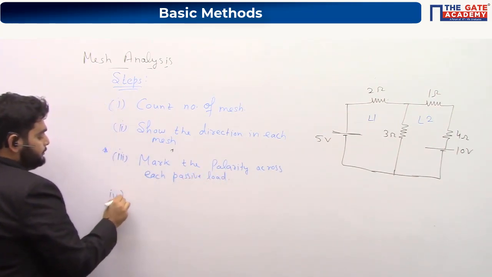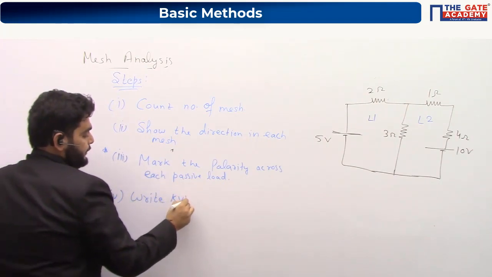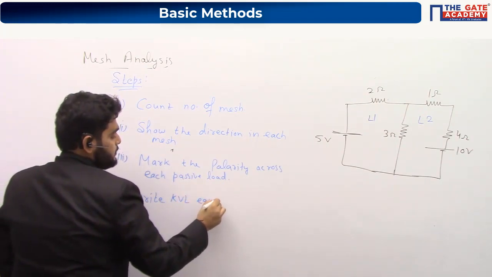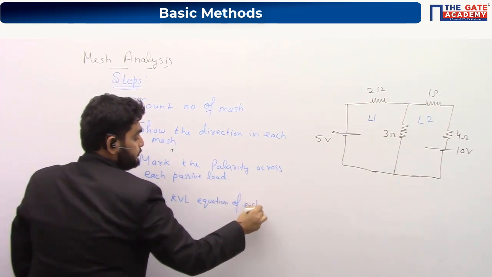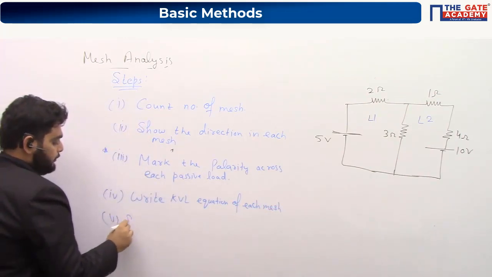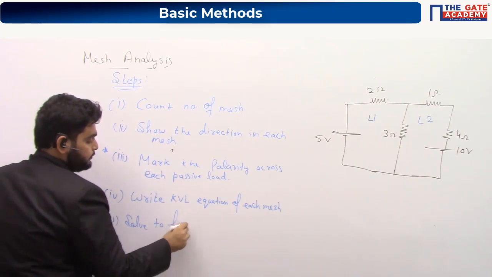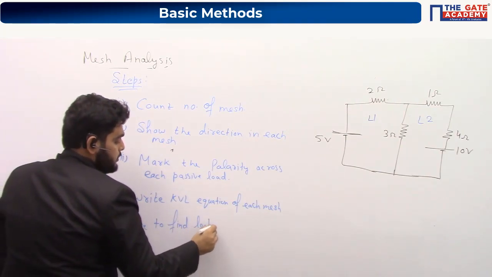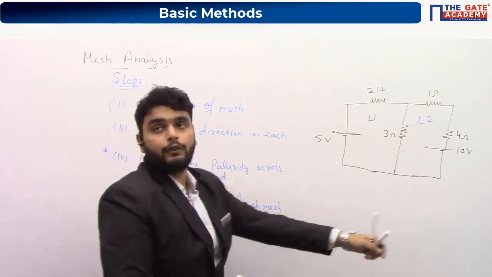And the final, write KVL equation of each mesh and then solve to find loop current.